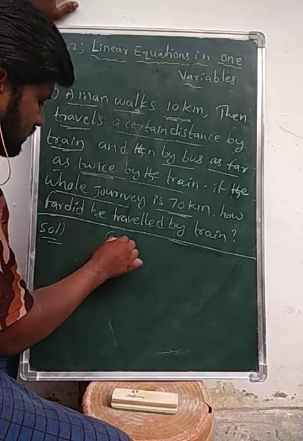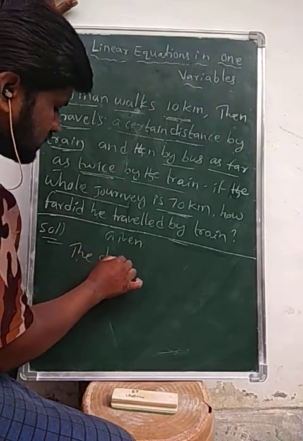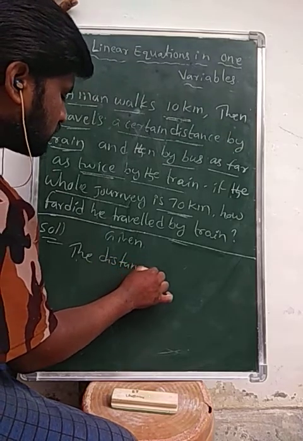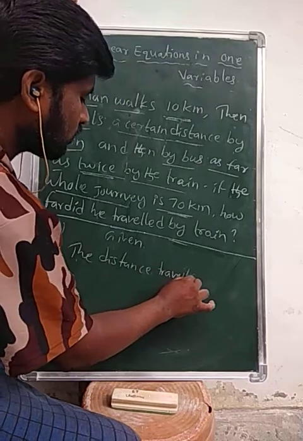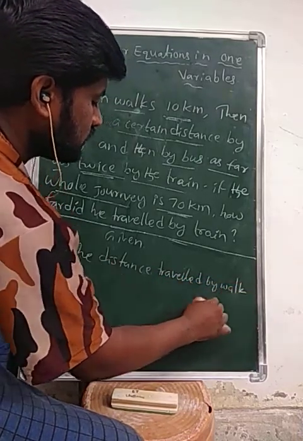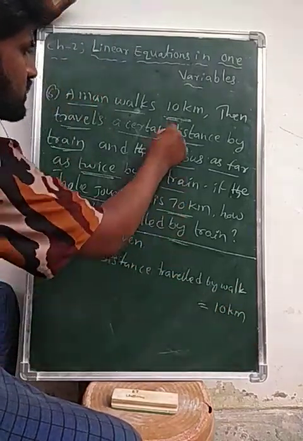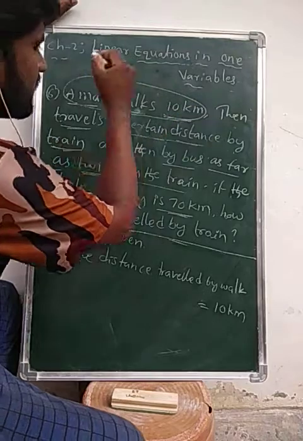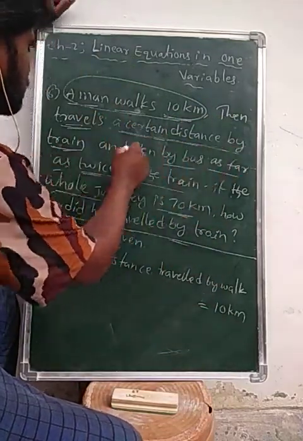We can write the given data: the distance traveled by walk is equal to 10 kilometers. Then he travels a certain distance by train.